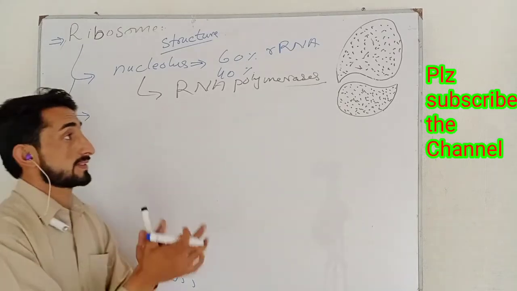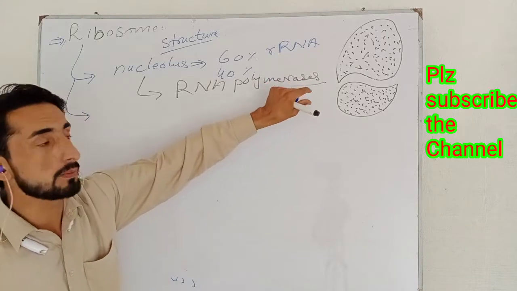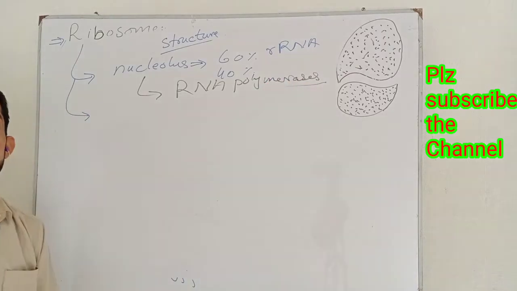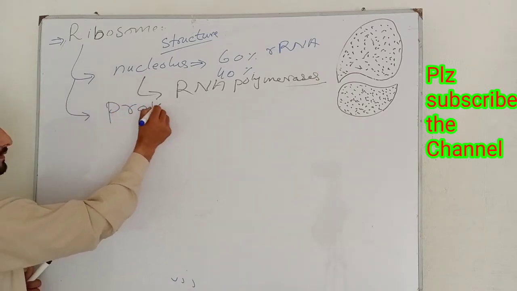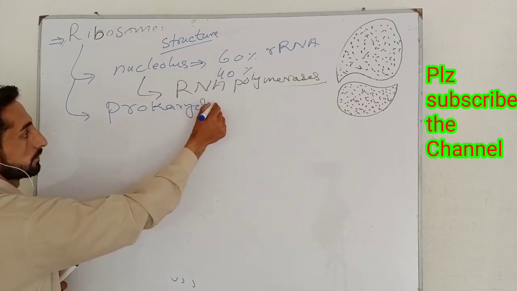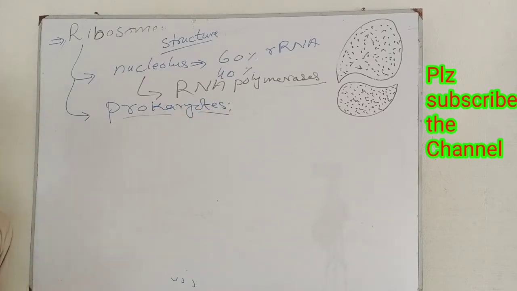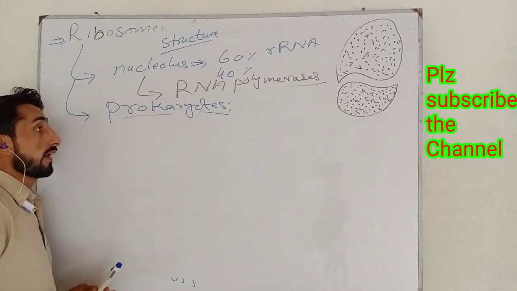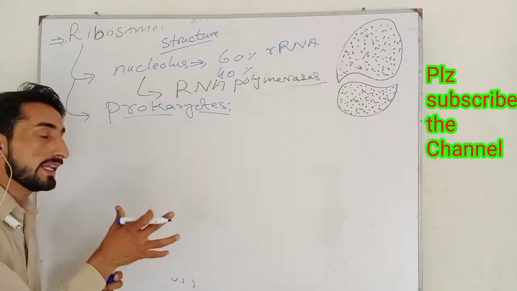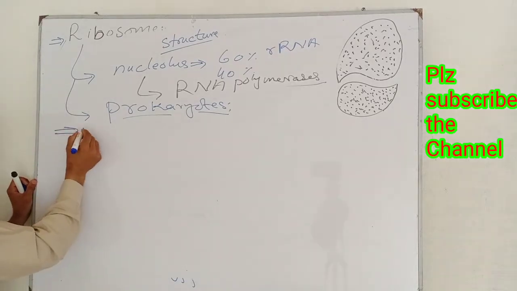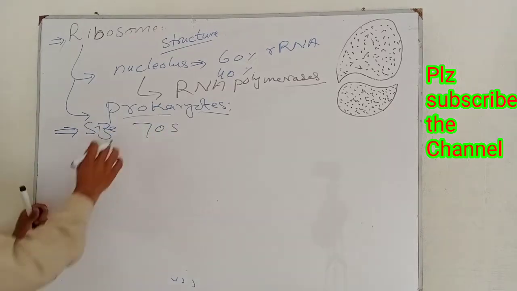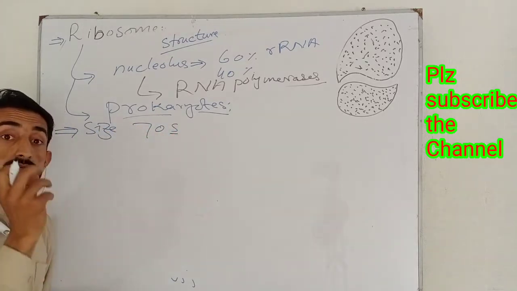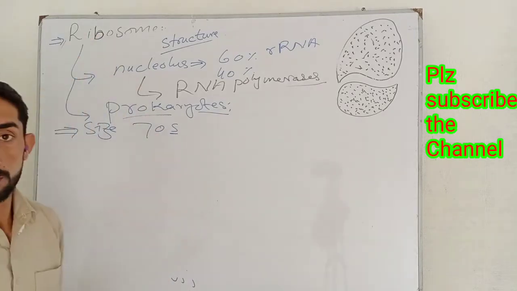Generally, we say that this ribosome is made up of two subunits, one large and the second one smaller. In prokaryote, the ribosome in size is 70S. The S is the Svedberg unit of ribosome.